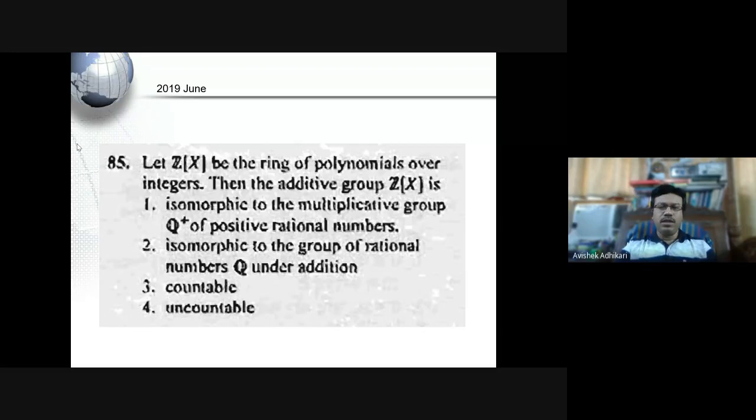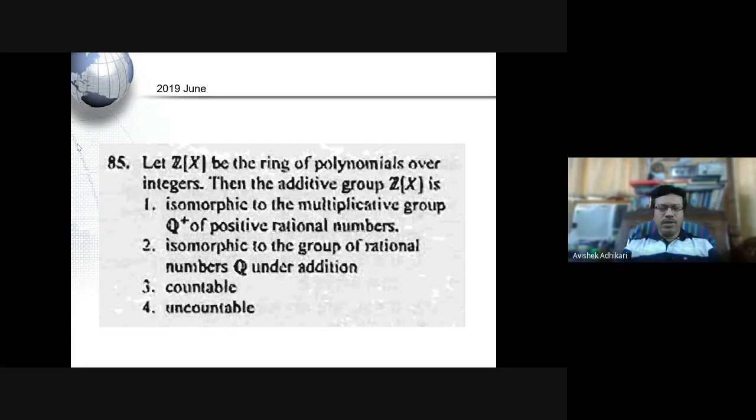Then the additive group Z[x] is, and the options are: isomorphic to the multiplicative group Q plus of all positive rational numbers, isomorphic to the group of rational numbers Q under addition, countable, uncountable. So which one would you like to answer?